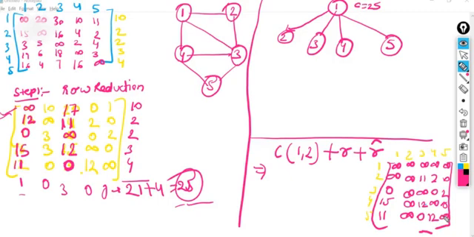I hope it's clear. Now what is our main task? This is our matrix for node 2, because we have already covered node 1, the root node. So next is 1 to 2. What is the cost from 1 to 2 in the original matrix? Because in this matrix we have already made it infinity. It's 10 here.